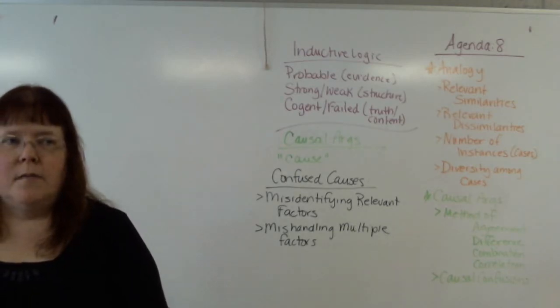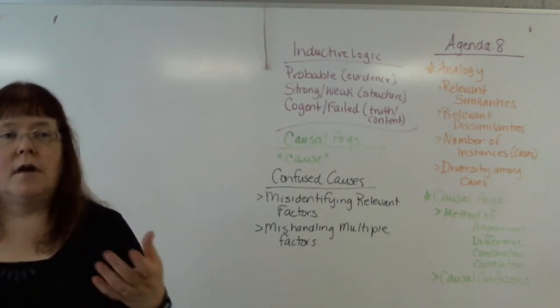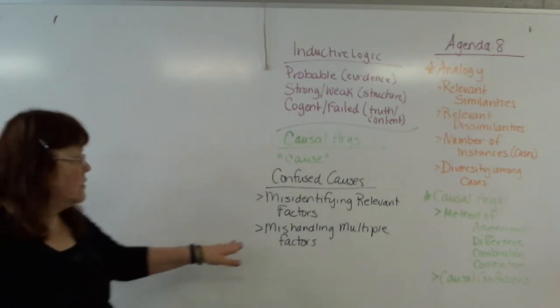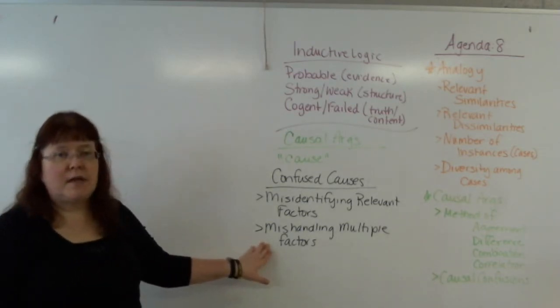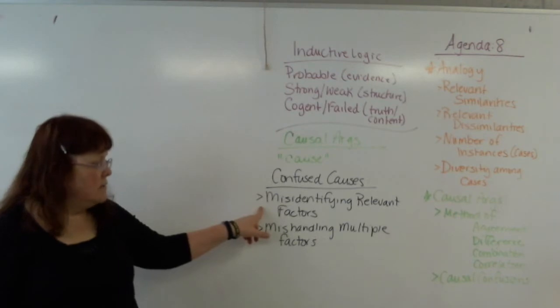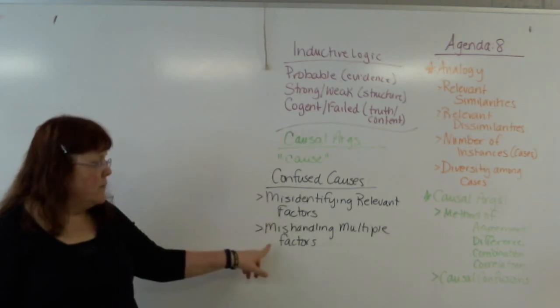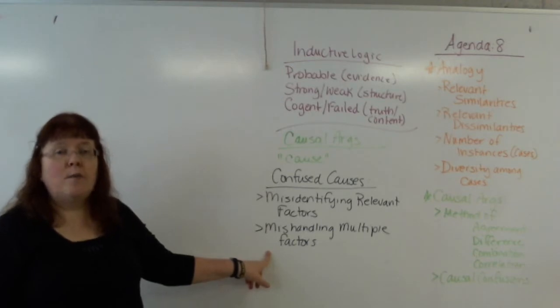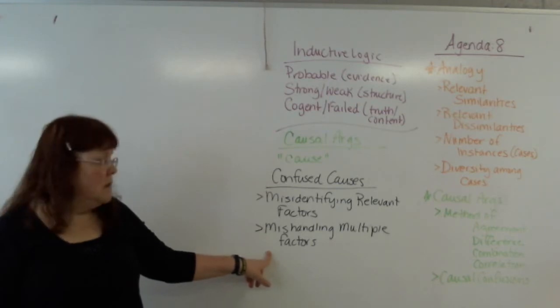Most of the time, when we're looking for causal connections, we figure out that there are not very many ways we can make this work. Sometimes, because we've misidentified our relevant factors to begin with, we think we have way too much to work with. When we have a lot, and most of the time, honestly, we have a lot more than we think we do.